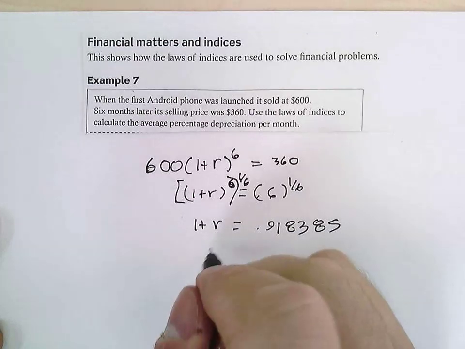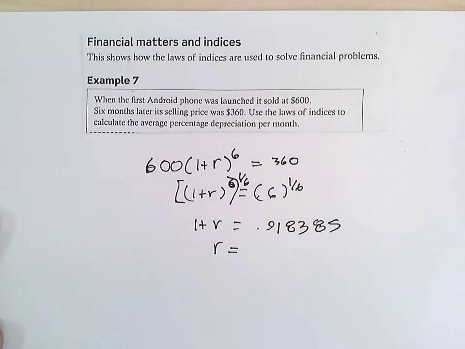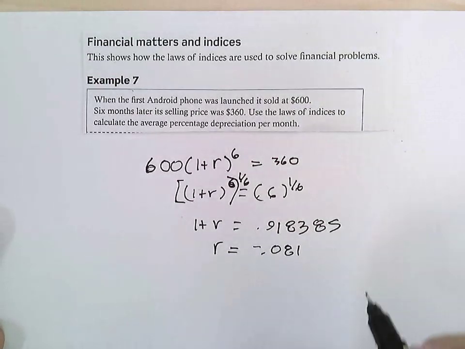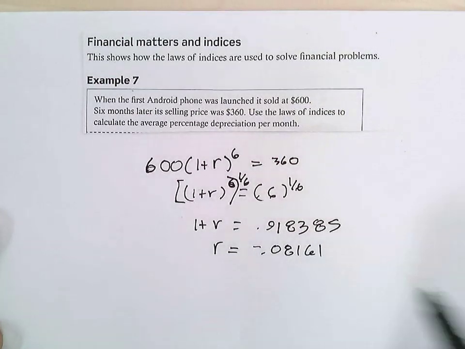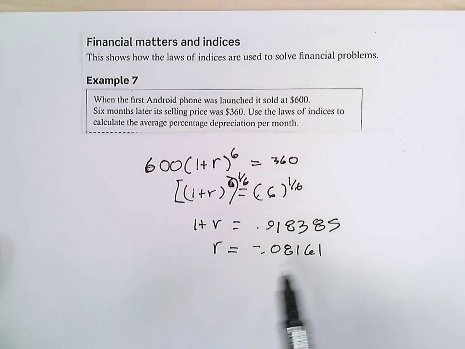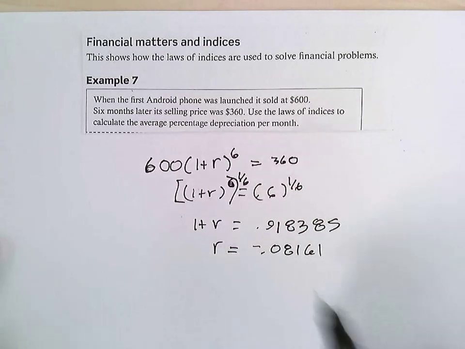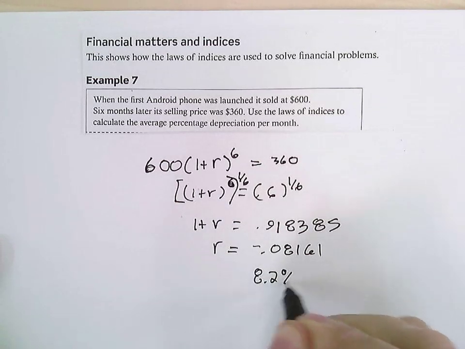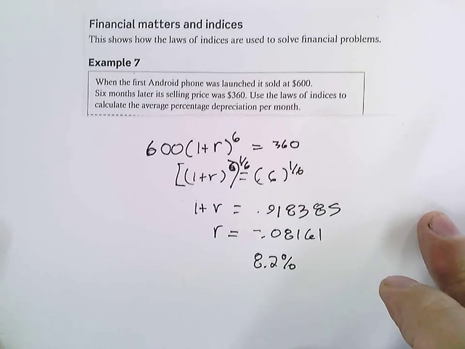And then if I subtract by 1, I'm going to end up with a negative 0.08161. So here you can see the depreciation. It's going to go down by, if we write this as a percentage, we can round up to 8.2%.